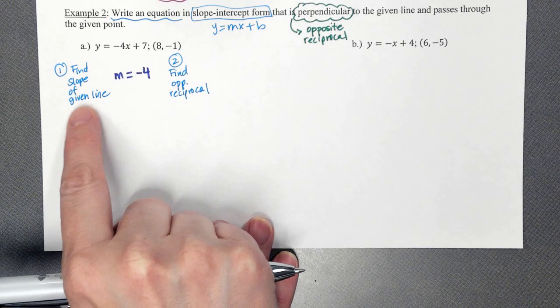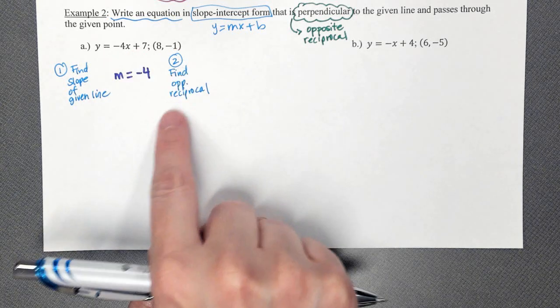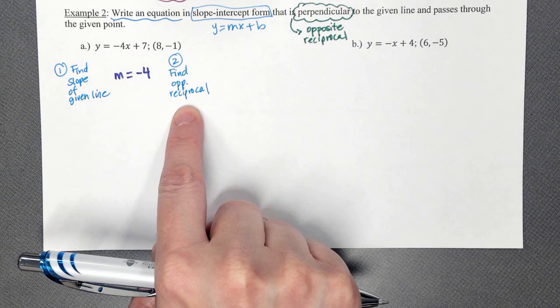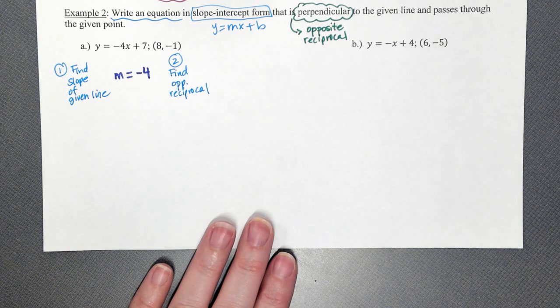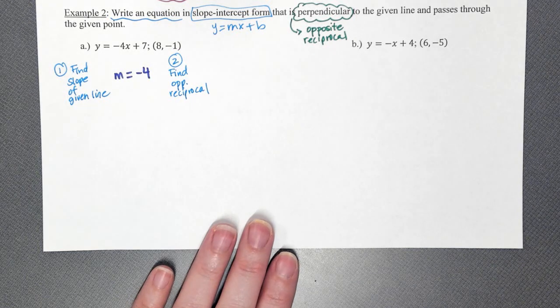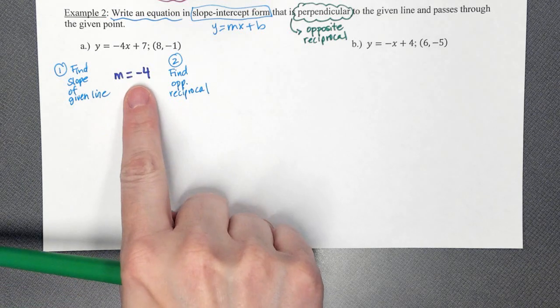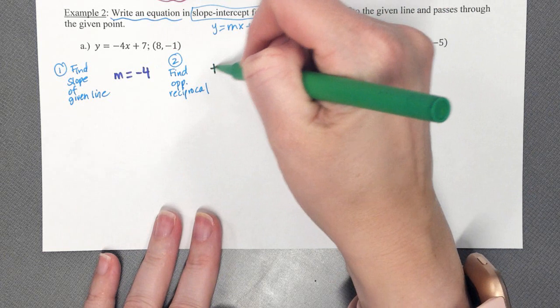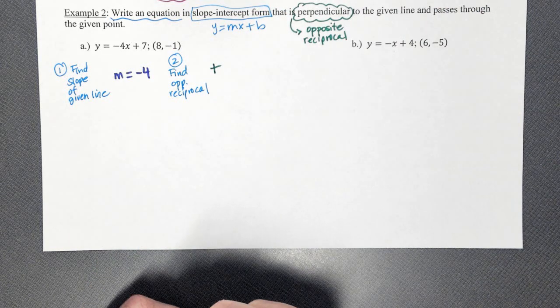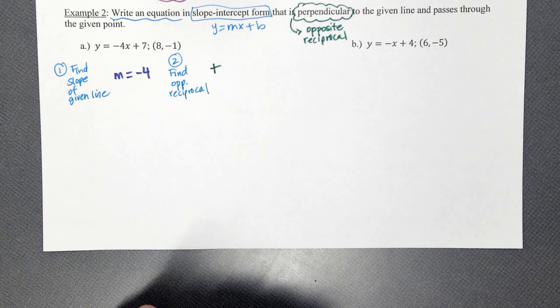So first we're finding the slope of your given line, then we're going to find the opposite reciprocal. So remember that opposite means positive to negative or negative to positive. So it is perfectly fine if you see the negative and you automatically put a plus to remind yourself that it's going to be positive.